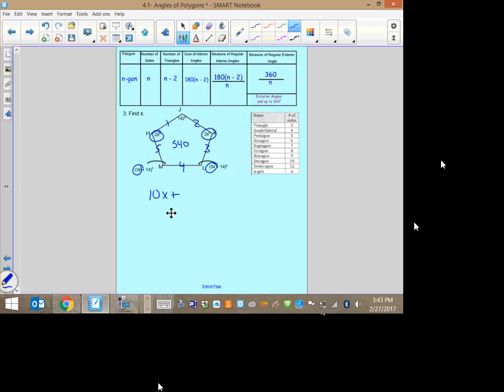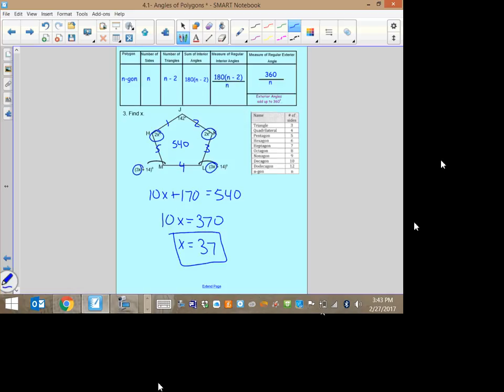And then combining 142, 14, and 14, and note these are both plus 14. So we'll get 142 plus 28, we'll get plus 170. Equals 540. And then we can combine to get 10x equals 370 divided by 10. We get x to be 37.